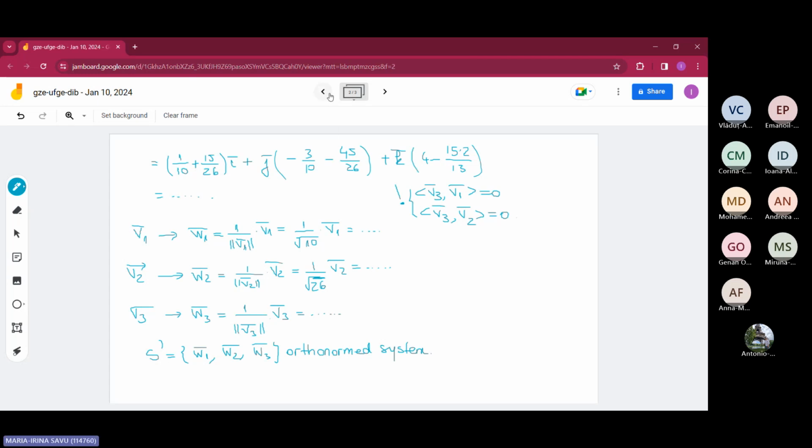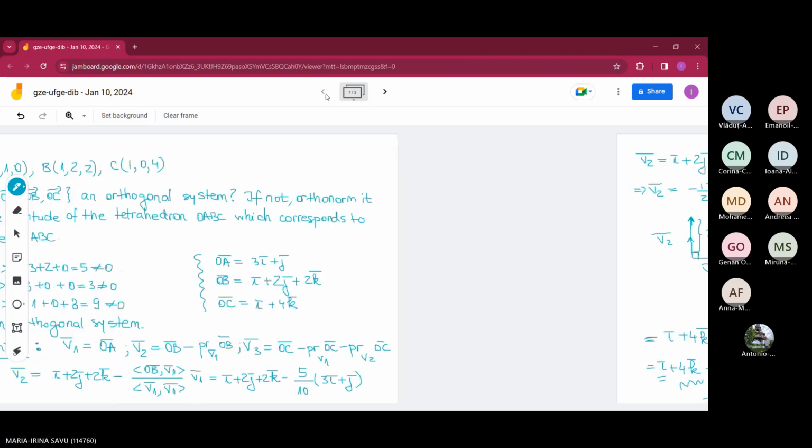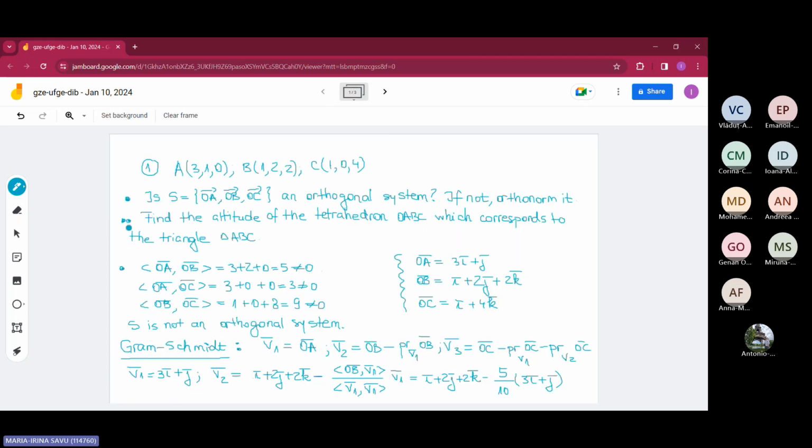So let's do the second one. Find the altitude of the tetrahedron which is formed with O, A, B, and C, where of course O is 0, 0, 0. And this altitude must correspond to the triangle ABC.